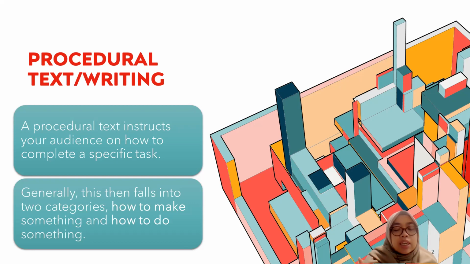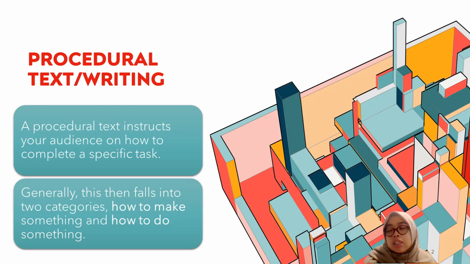So again, that's two categories: how to make something and how to do something. But overall, it's about information in written form, ya. Jadi bentuknya informasi dalam bentuk tulisan. But that's the basic of procedural writing.